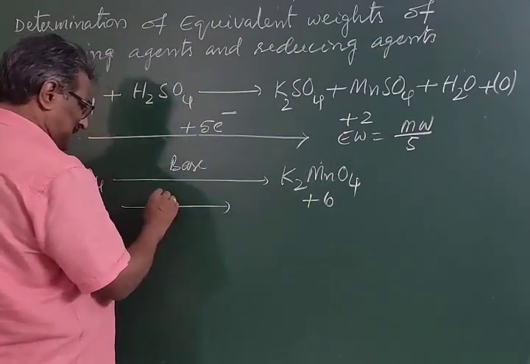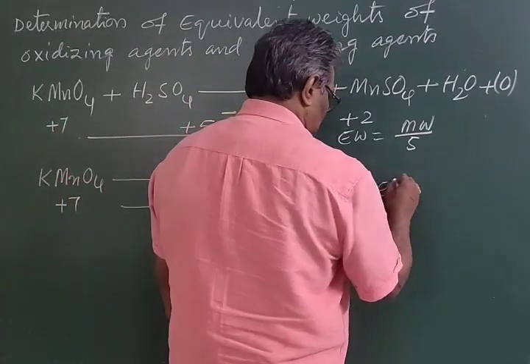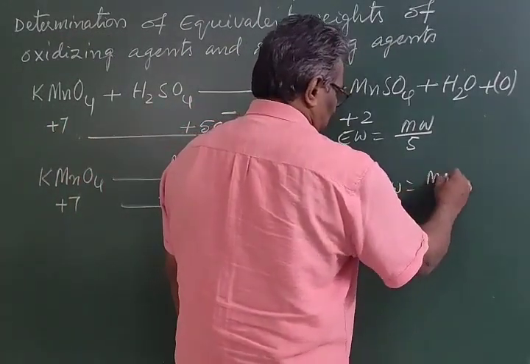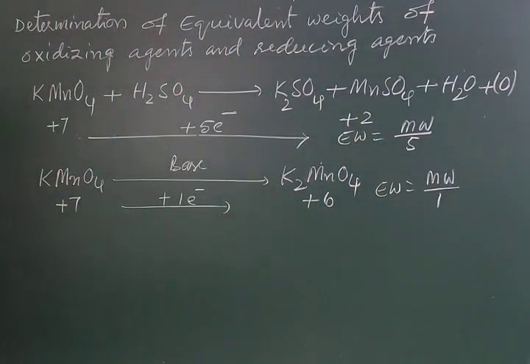This is possible by the gain of 1 electron. So equivalent weight is equal to molecular weight by 1. That is, equivalent weight is same as molecular weight for potassium permanganate in basic condition or alkaline condition.